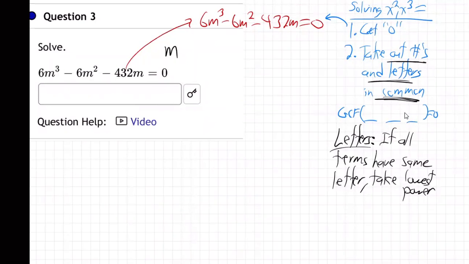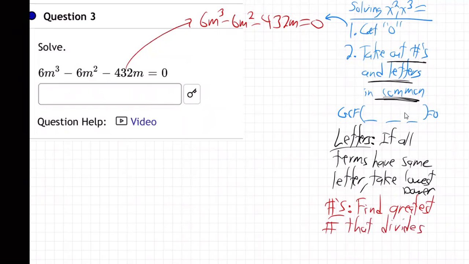Now, what about the fact that they also have a number? Let me point that out. So for the numbers, find the greatest number that divides into all the terms.